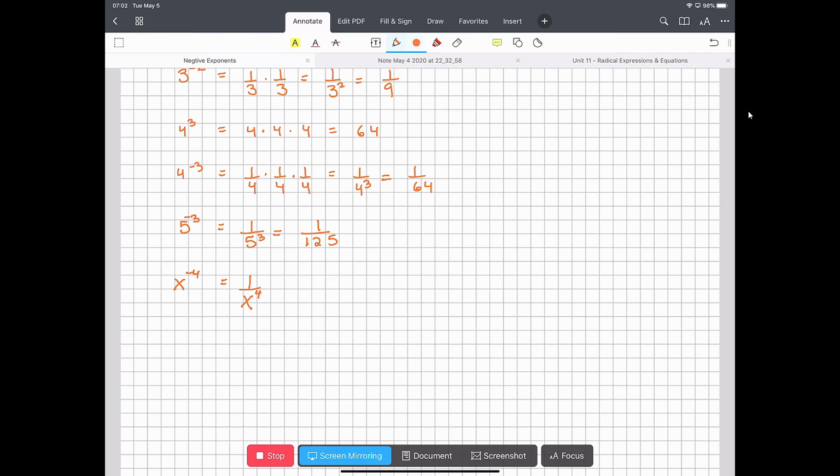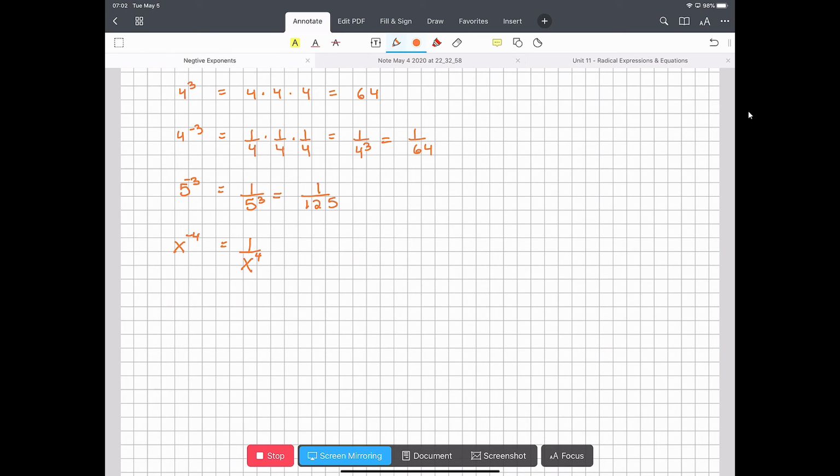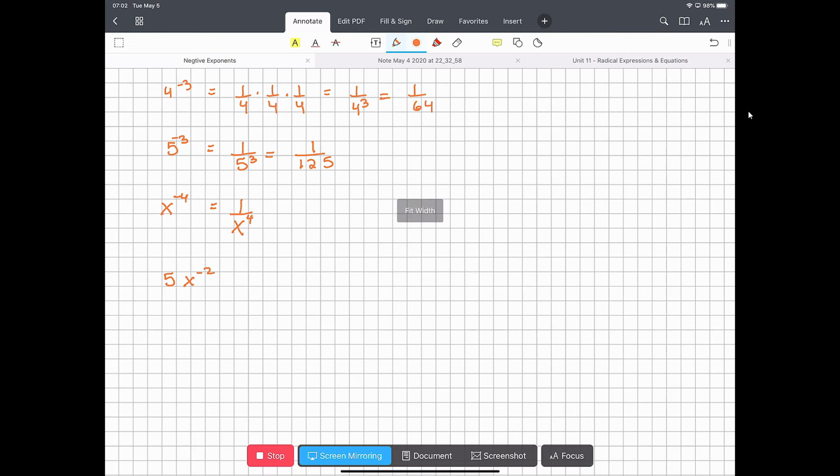We'll do a couple more examples and you'll be ready for your review. Let's look at this one, 5x to the negative second. This one usually trips some people up. The exponent only belongs with the x, the variable in this case.